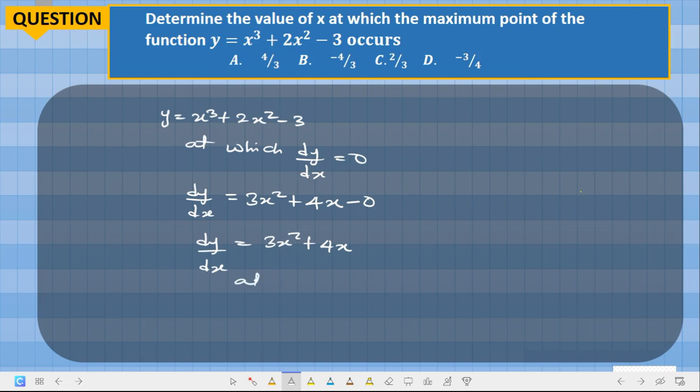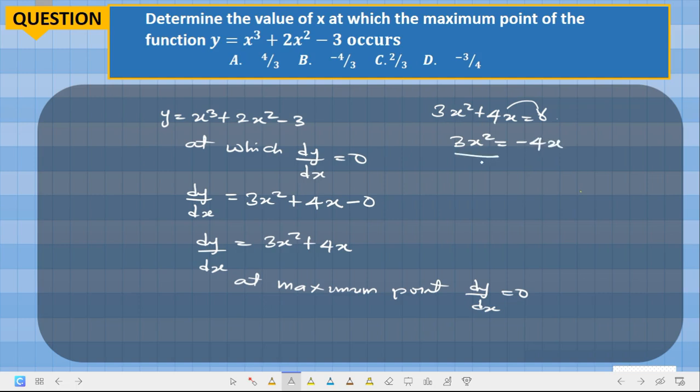Now we said at the maximum point, our dy ds must be equal to 0. So it means 3s squared plus 4s must be equal to 0. Okay, and now making s the subject, 3s squared is equal to, this one changing to this side becomes minus 4s.